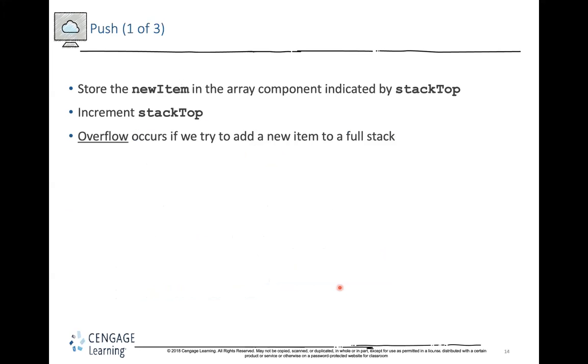When we want to push an item to the top of the stack, we move the stack top by one more position. So we increment that value. If we have a full stack, and we can no longer push a new item onto it, that's the overflow condition.